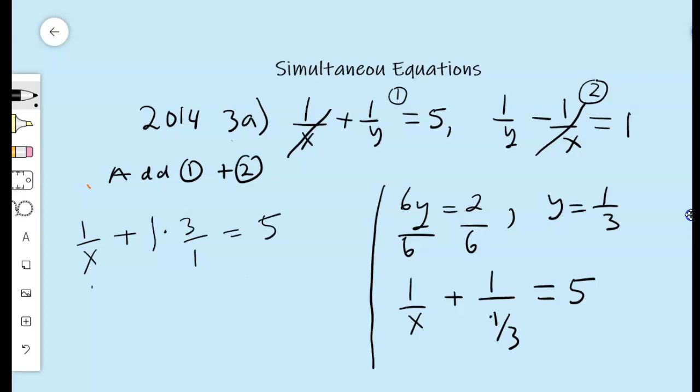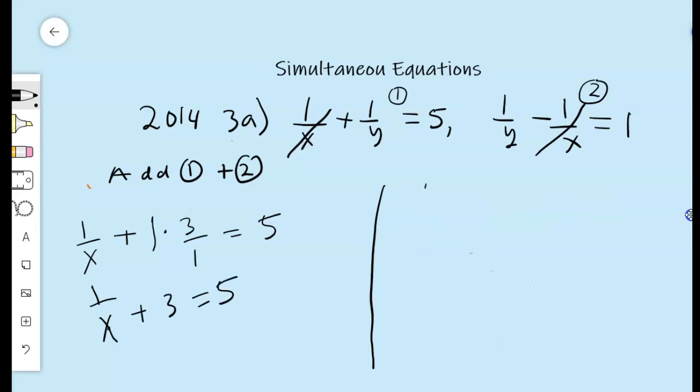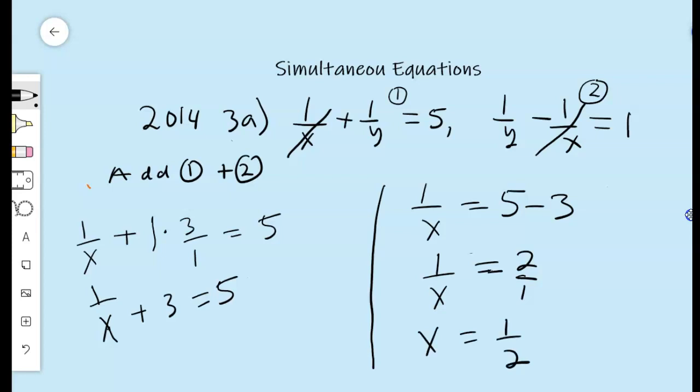So it's going to be plus 3 equals 5. Now we have 1 over x equals 5 minus 3, which gives us 2. For us to find the x, we can just flip this, or we can use our crisscross, and we realize that it's going to be half. So we get x to be half, and y was also 1/3.